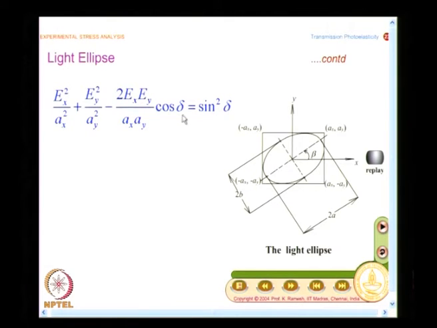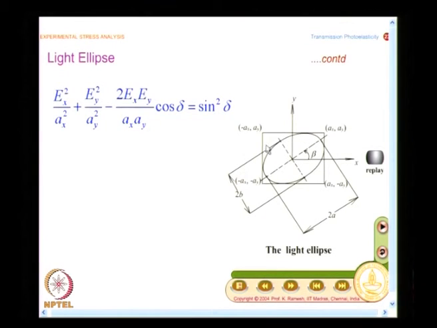Suppose delta becomes pi by 2, what happens to this expression? You have this becomes 1 and this term goes to 0, and this is your famous equation of ellipse. You have x squared by a squared plus y squared by b squared equal to 1. That you all know, that is the equation of an ellipse.